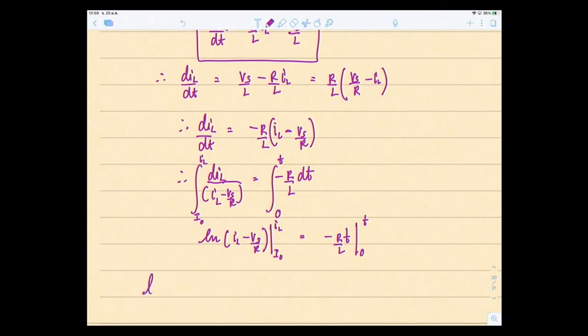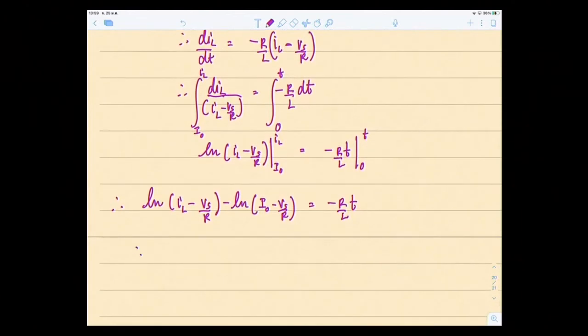So therefore ln of IL minus Vs over R minus ln of I naught minus Vs over R equals minus R over L t. Right, so therefore ln of IL minus Vs over R divided by I naught minus Vs over R is equal to minus R over L t.